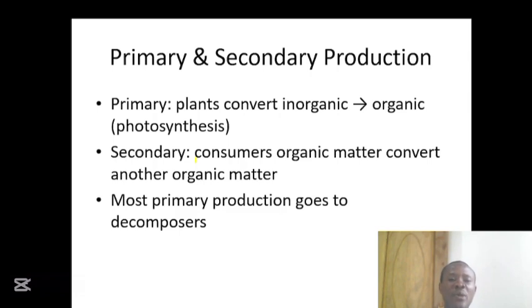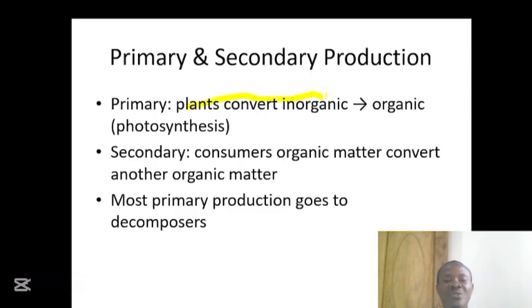Now let's talk about primary and secondary production. How do we produce energy? We have primary energy production and secondary energy production. In primary production, plants convert inorganic substances, substances that are not living.